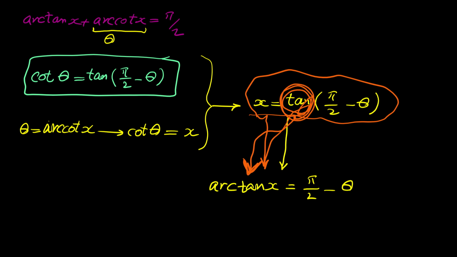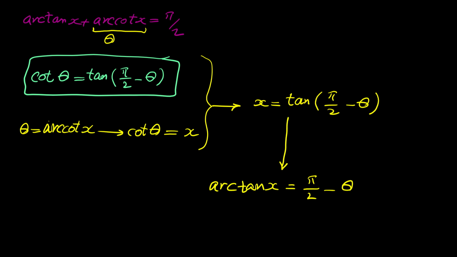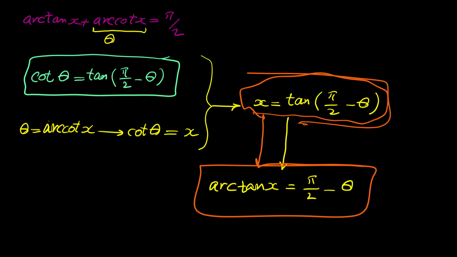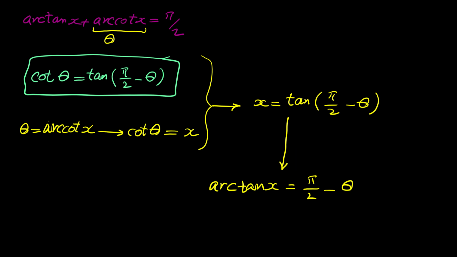Not for any angle. The condition for concluding this relation from that relation is that the angle you have here should be between negative pi over 2 and pi over 2.